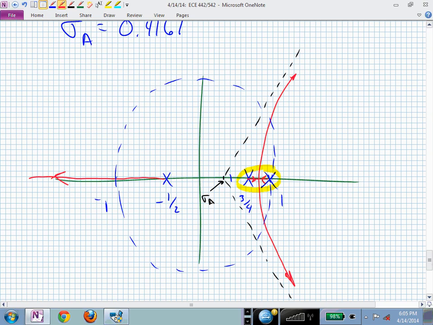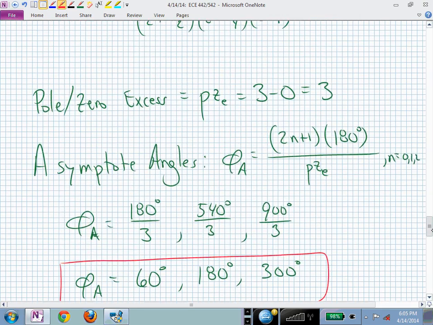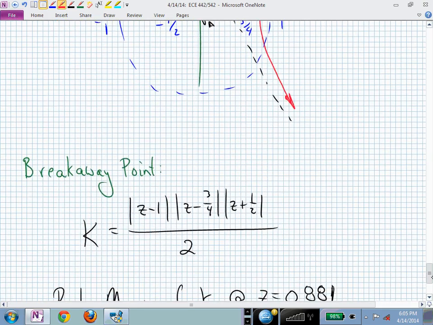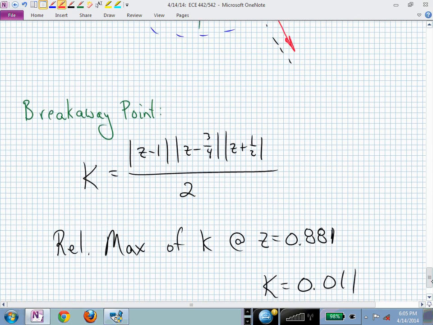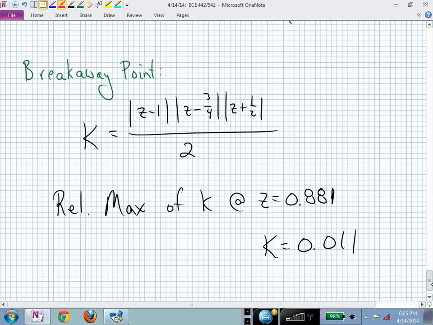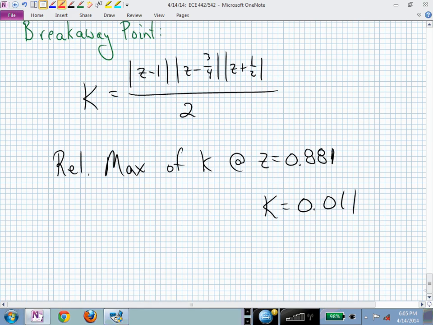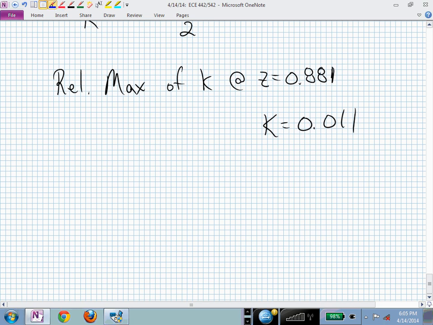You can go back to this formula. Whoops, what happened to it? Oh, there it is. I slid up to go back to my, sorry. I'm so excited I don't know whether to go up or down. Here's K. Now we can substitute into that a value of z equal minus 1.